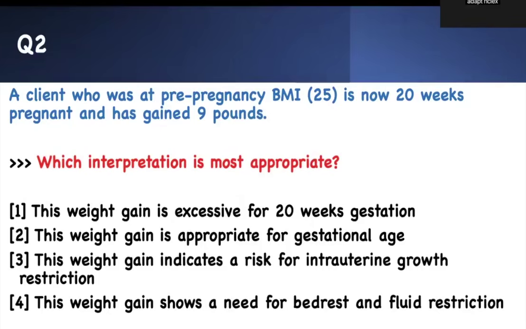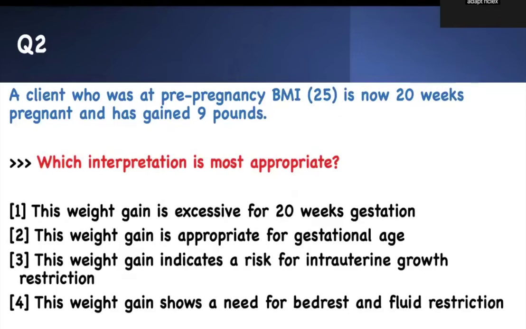What does that mean? Pre-pregnancy BMI was 25, and she's now 20 weeks and has gained 9 pounds. Which interpretation is most appropriate? The weight gain is excessive for 20 weeks. This weight gain is appropriate for gestational age.